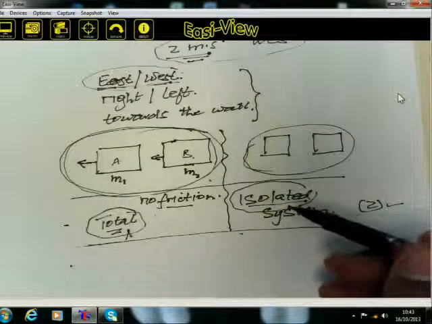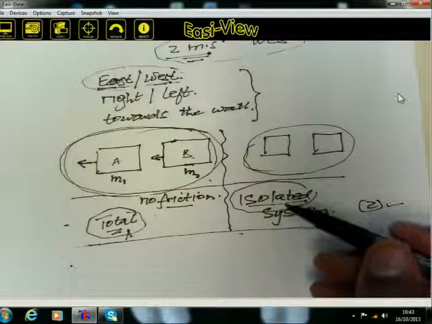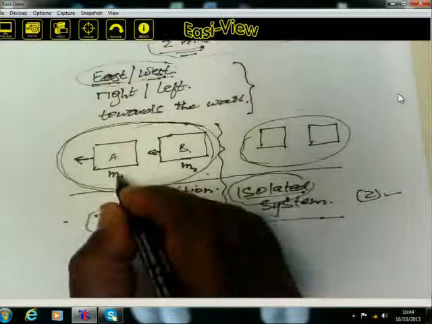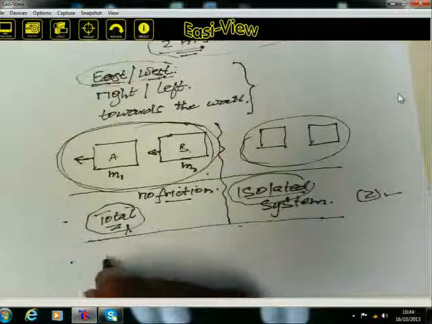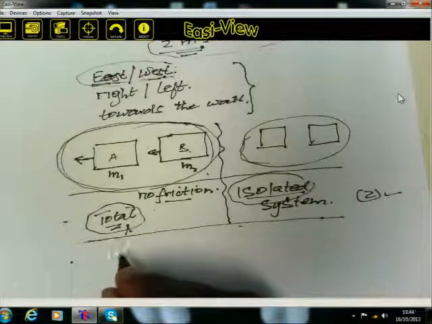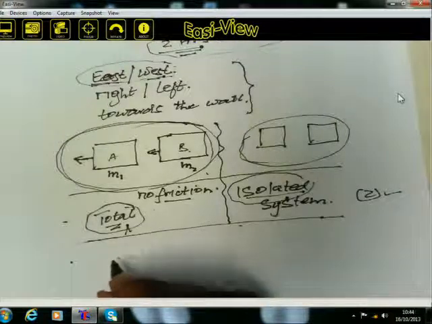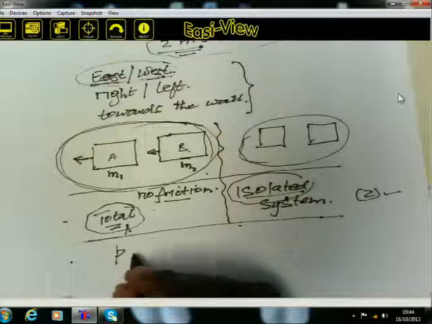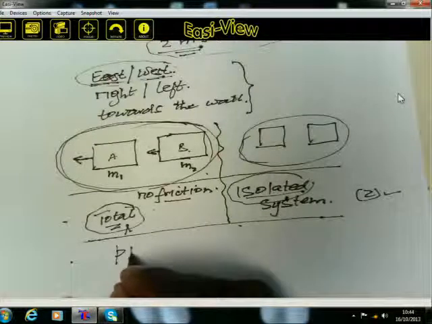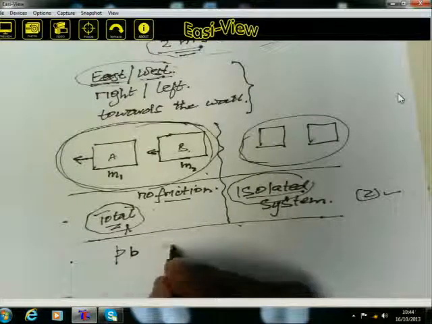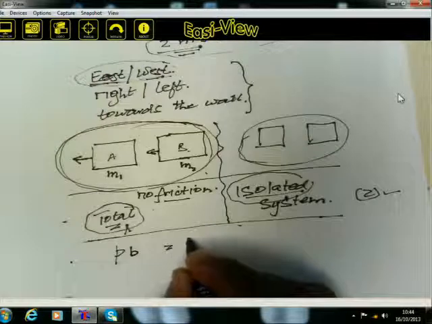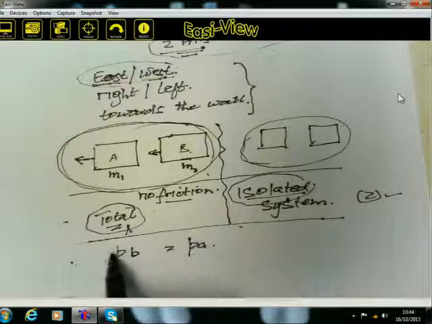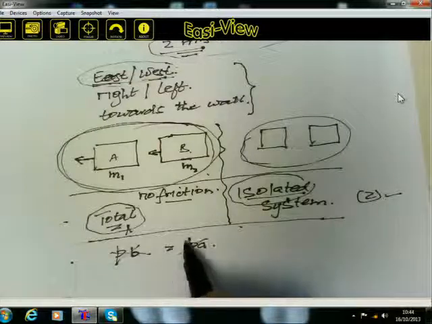Now, one of the challenges that we see with that, if say for example we have that M1 and M2, we find that learners will just write P before, some will just write PB is equal to PA, and this is not taken, learners.